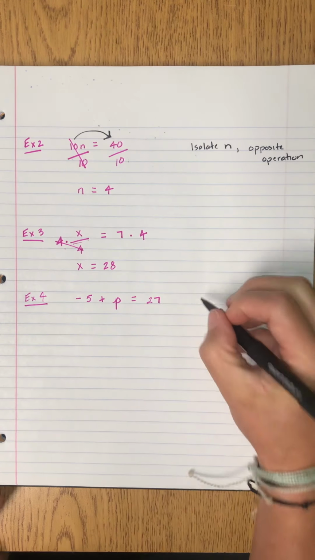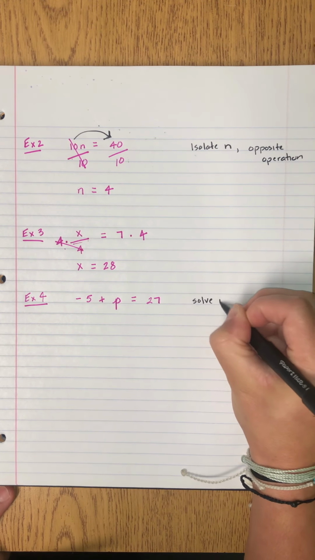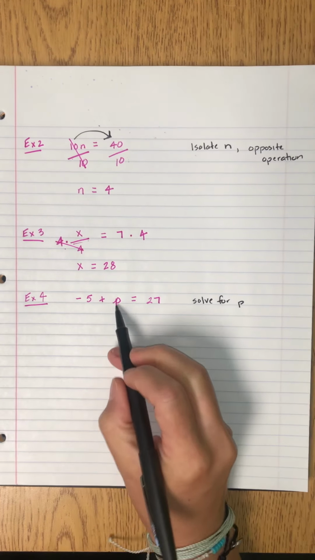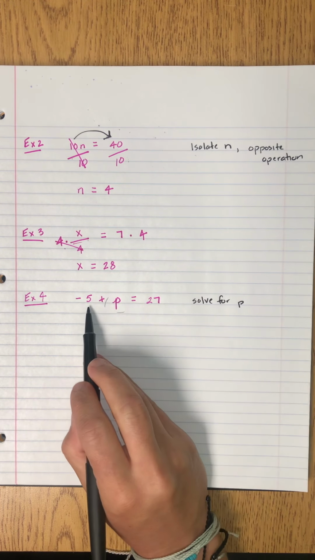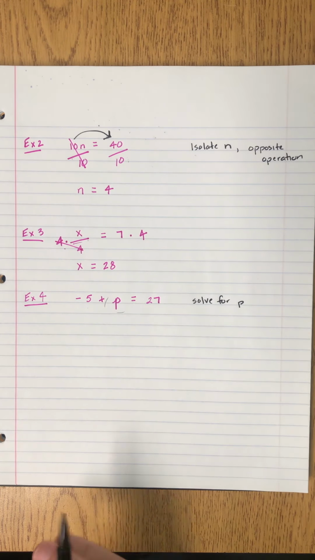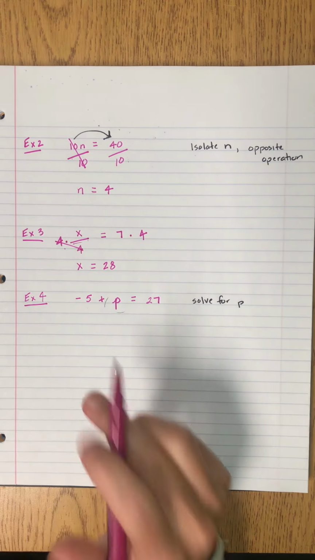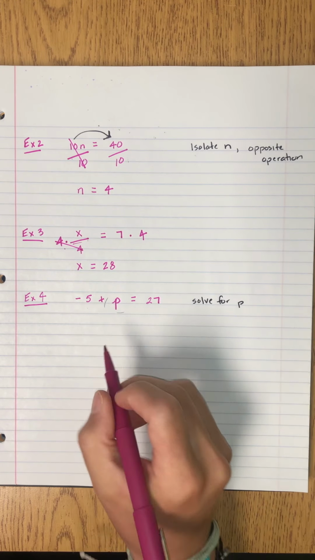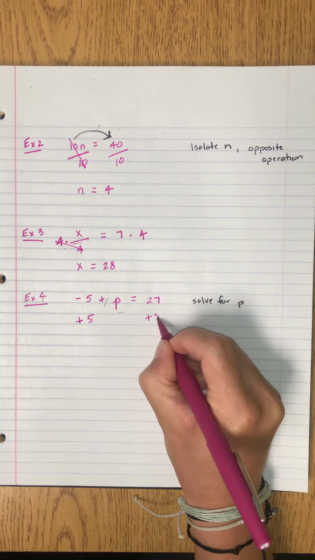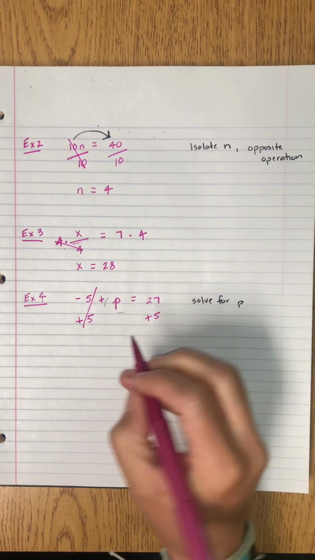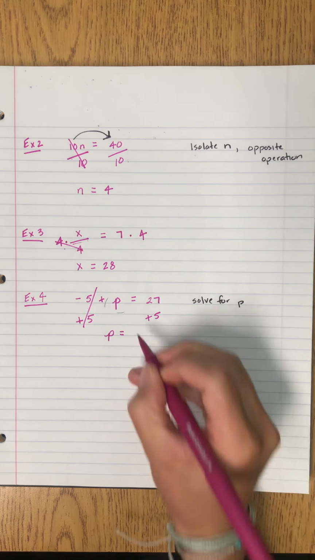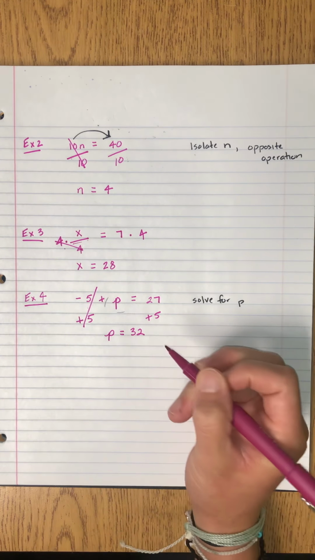We're trying to find, so solve for P. So in order to solve for P, we have to move this negative 5 to the other side of the equal sign. So in order to do that, the opposite operation for a negative is going to be positive. So we're going to add 5 to both sides. These cancel. And P equals 27 plus 5, which is 32.